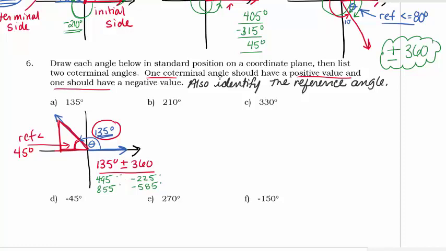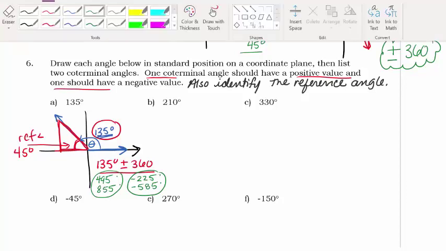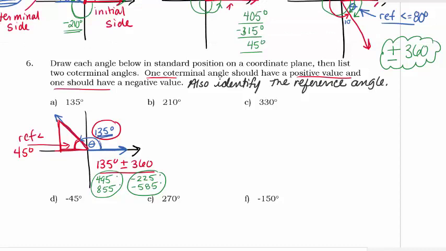All right, so two positive coterminal angles I got were 495 degrees and 855 degrees, and two negative coterminal angles I got were negative 225 and negative 585. It's really important when you're drawing these angles that you draw this arc. This represents 135 degrees. However, if we were to draw it like this, that represents our 495 degrees.